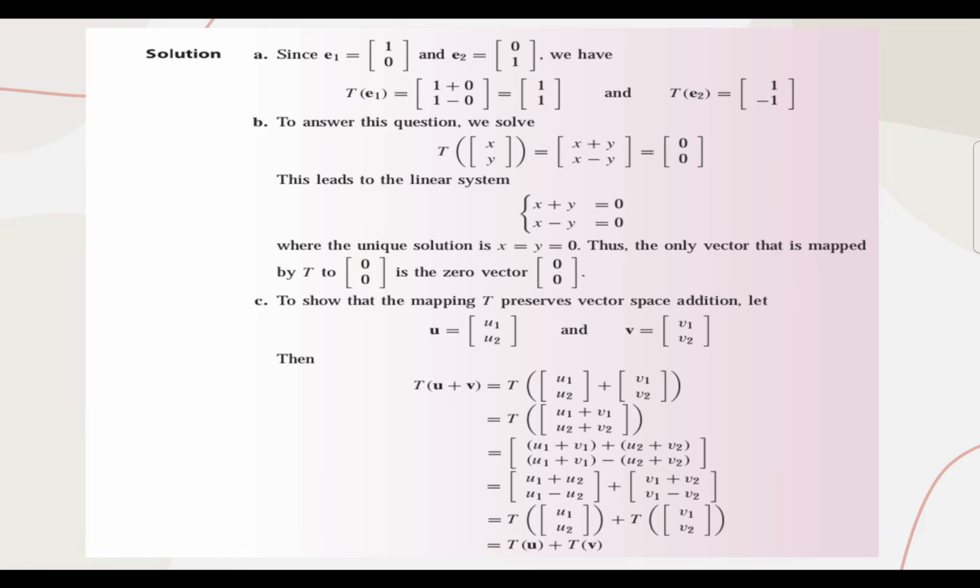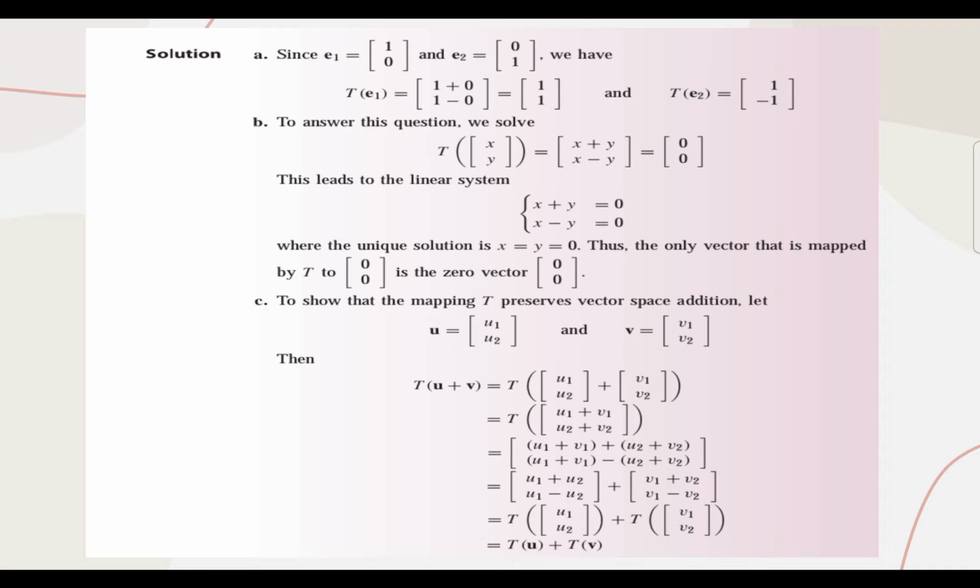So the solutions in letter A, finding the image of e sub 1 and e sub 2. The standard basis vectors are e sub 1 is equal to (1, 0) and e sub 2 is equal to (0, 1). To find their image, you simply plug these values into the rule.